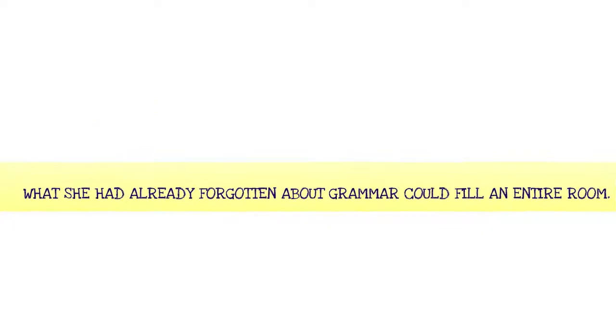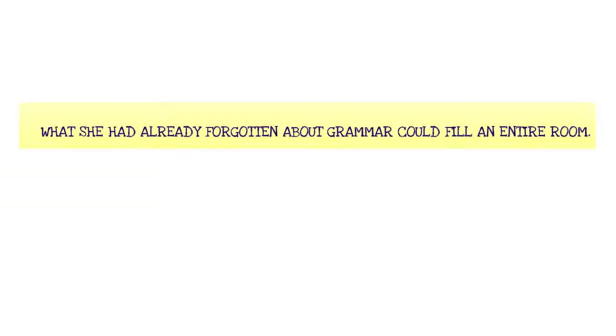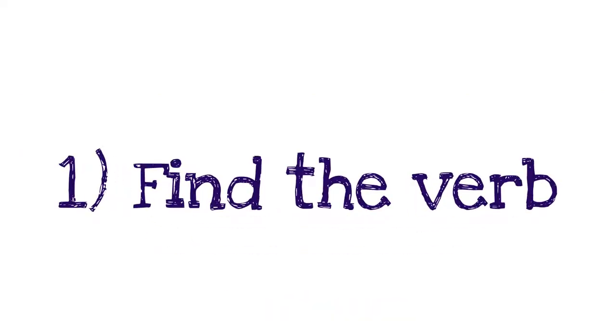It is important to note that simple subjects can be more than one word. Take, for example, the sentence: what she had already forgotten about grammar could fill an entire room. Remember, first find the verb.